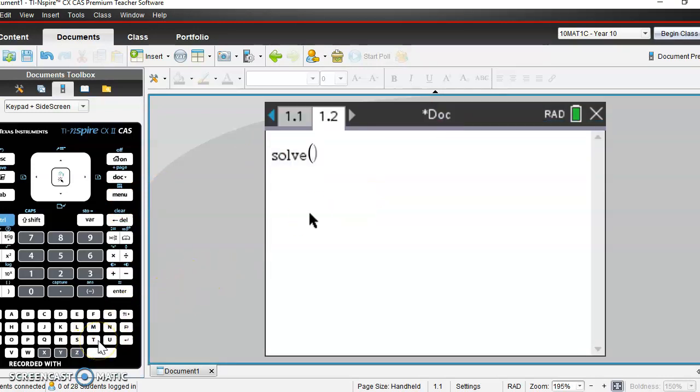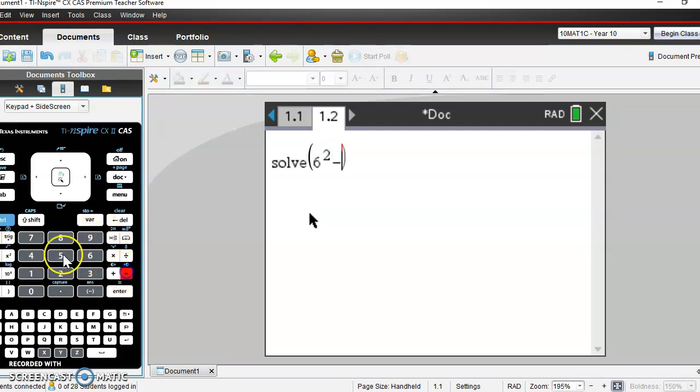We set up b squared minus 4ac equals 0. So b was 6, so that's 6 squared minus 4 times k times 3 equals 0. Sorry about that. And solving for k this time. Remember, we are solving for k. There's your k equals 3.